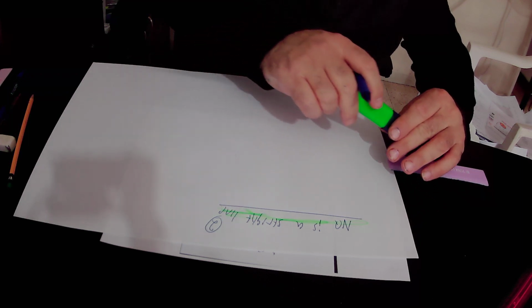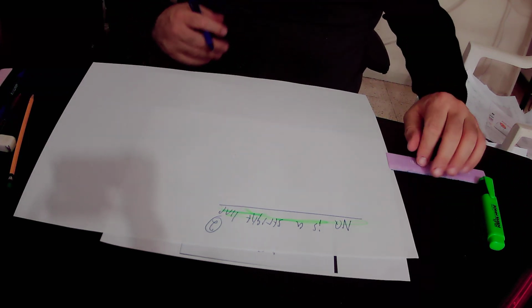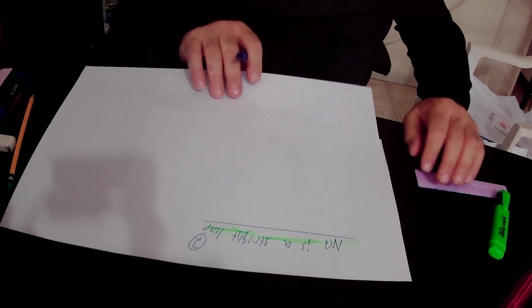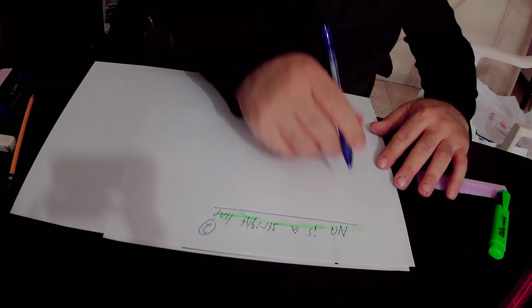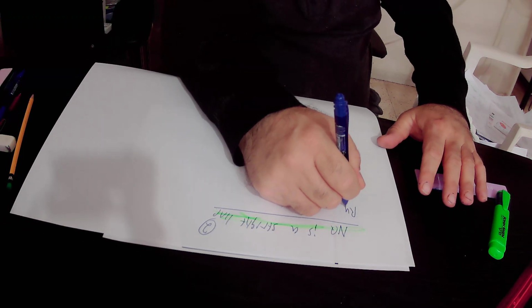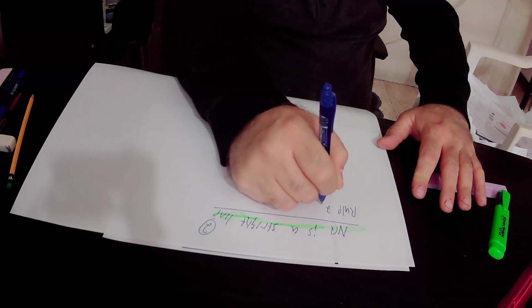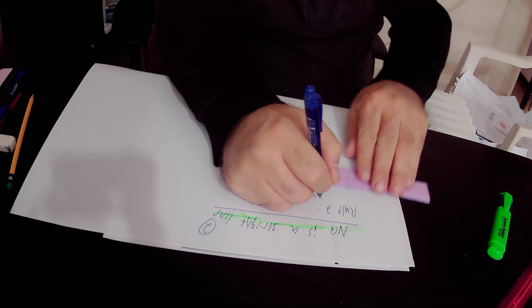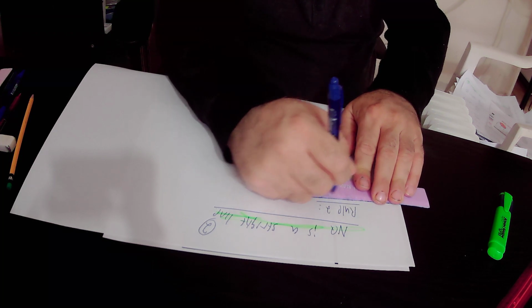We actually have also rule number 2 that is related to a straight line. According to rule number 2, the sum of the angles on one side of a straight line is equal to 180 degrees. I write it down.